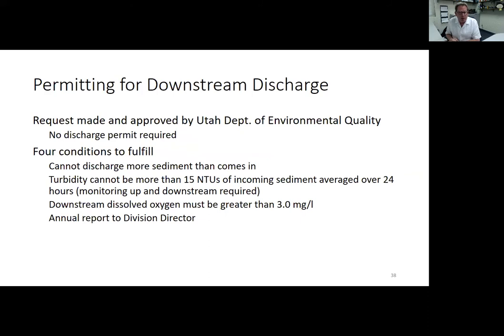How about a permit? In the early goings here, it was not apparent that a 404 might be required. I contacted the Utah Department of Environmental Quality, and they said, go ahead and do that. Of course, we needed to talk about the fact that I'm going to be violating those effluent standards.